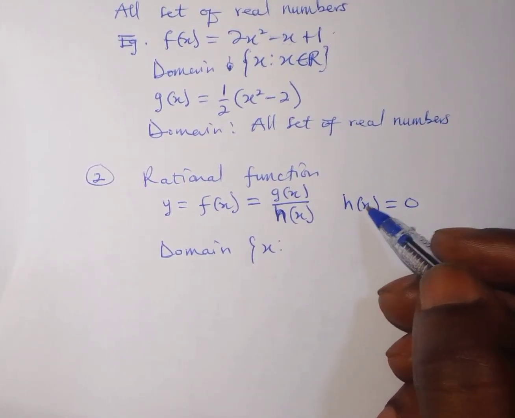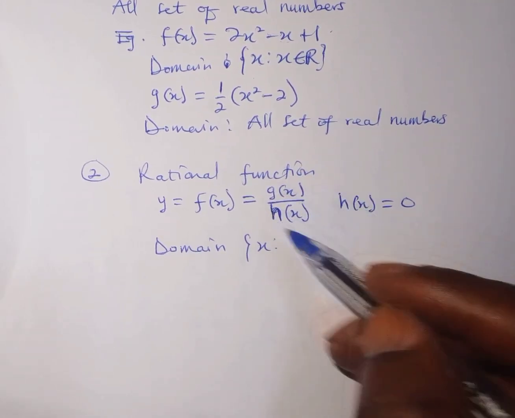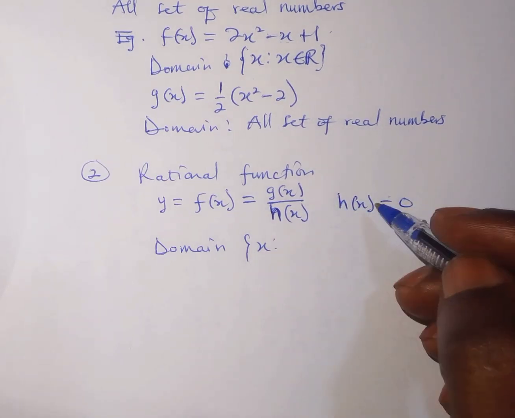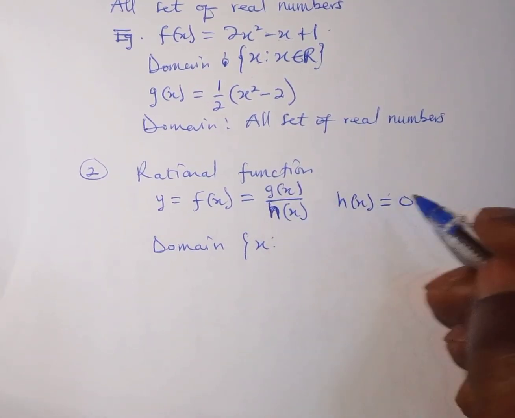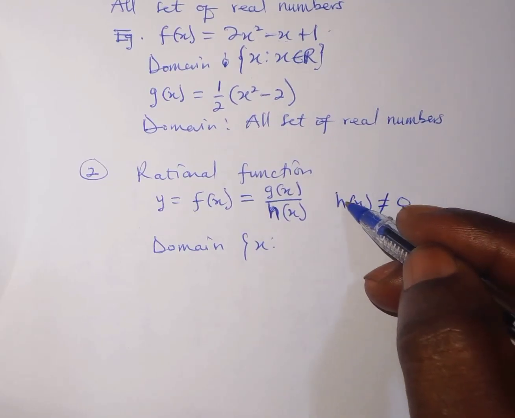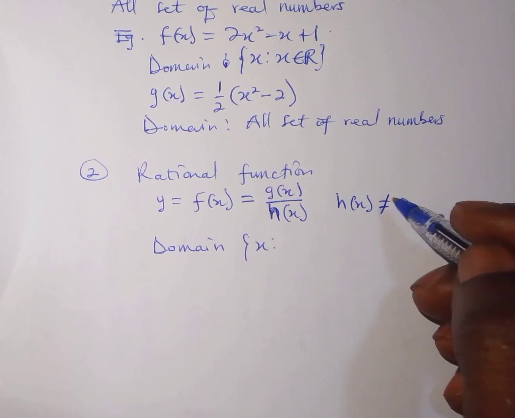So the values that you get, you use them. It means that every element can make the function defined, except when this is 0. Have you gotten that? Good.